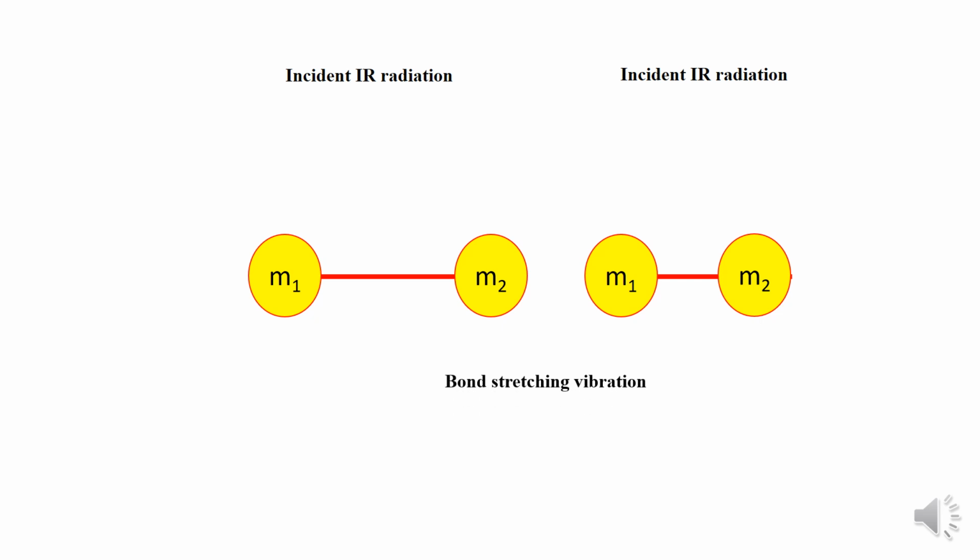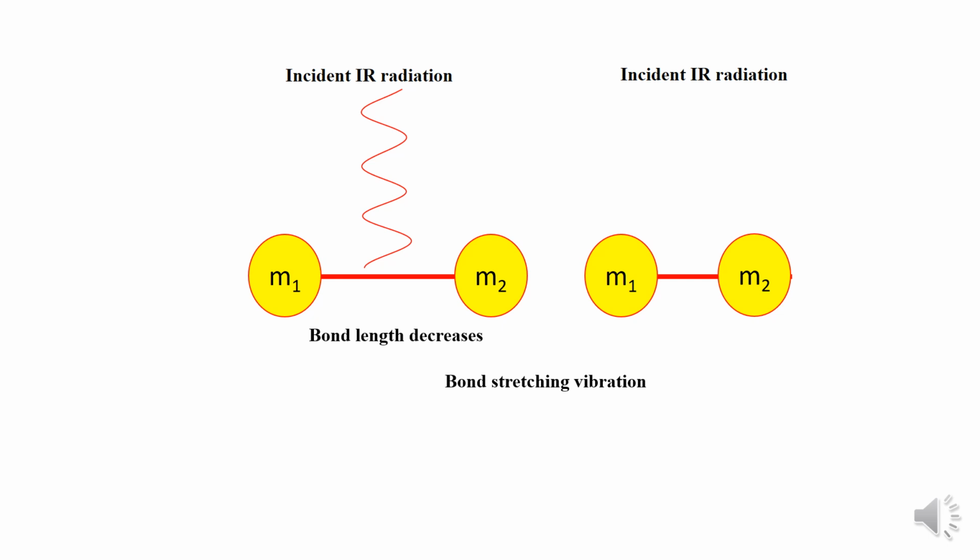Now IR radiations bring about bond stretching vibration. When the IR radiation strikes the bond interconnecting the two atoms of masses m1 and m2, there are two possible outcomes.